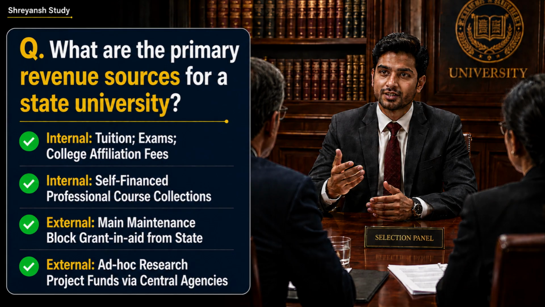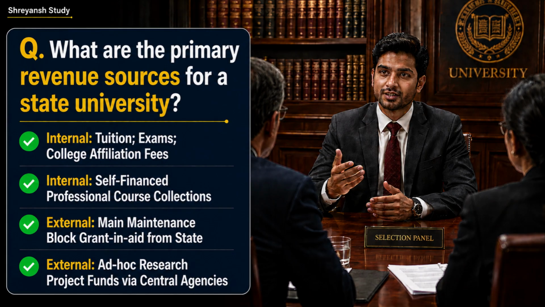Sir, the financial revenues of a state university are categorized into internal sources: tuition fees, examination fees, institutional affiliation fees from colleges, registration fees, and overhead charges from consultancy or self-financed courses.